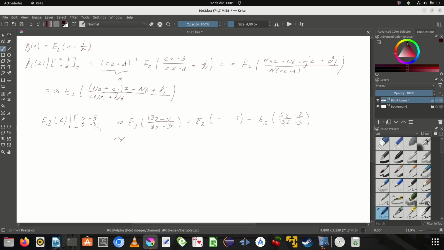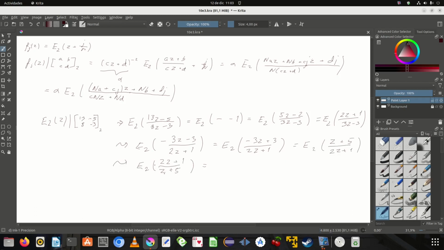First we subtract 1. And now we use the transformation formula. And we add twice the denominator. And now we add 2 times the, we could add 1 time the, and then get unity.